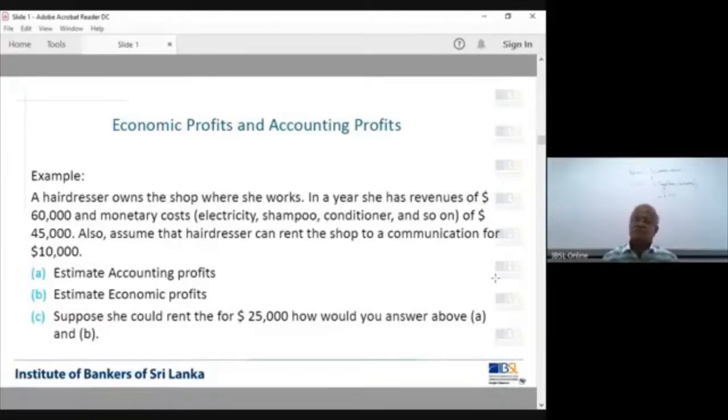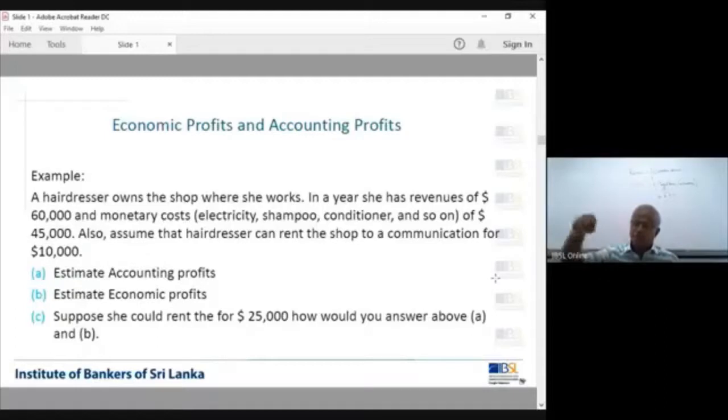Because she's a professional hairdresser, maybe she's not in a position to find a job in another sector as a computer programmer, coach, or consultant, because she's only trained to do hairdressing. Therefore, maybe that opportunity cost is 0. But for the premises you have an opportunity cost of 10,000.